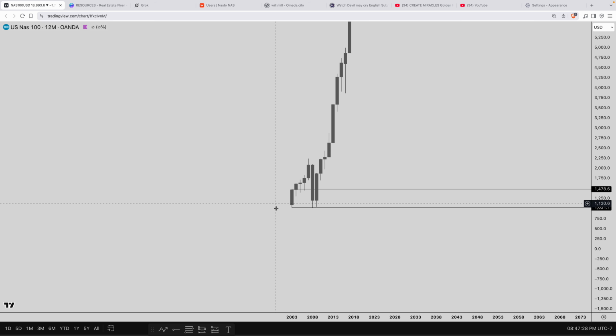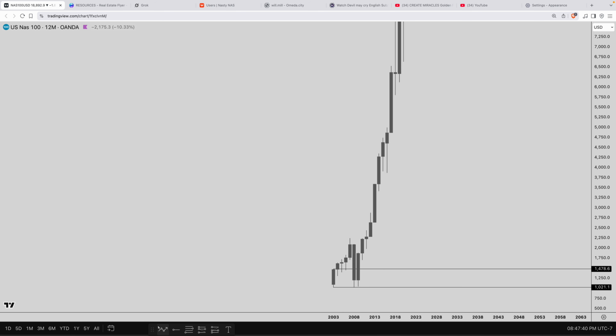And the reason why it's important to understand and mark up the breaks of structure or the sweeps of liquidity or the highs and lows is because that is Wyckoff, right? What is Wyckoff? I go over it in a lot of videos, but Wyckoff essentially is some type of liquidity being built up, right?